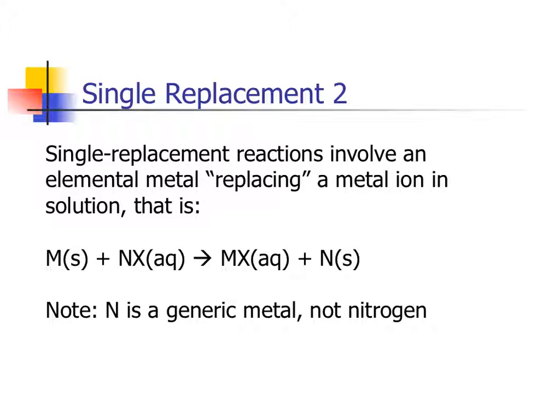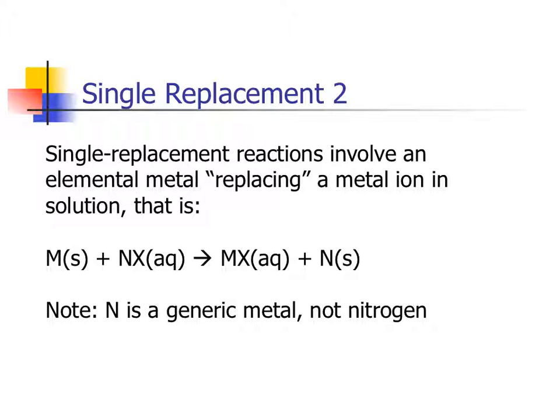We're going to look at more of a generalization and making some of these predictions, because there are some reactions in this case that will not actually happen, and so we need to be very careful. But it has that one thing replacing the other.